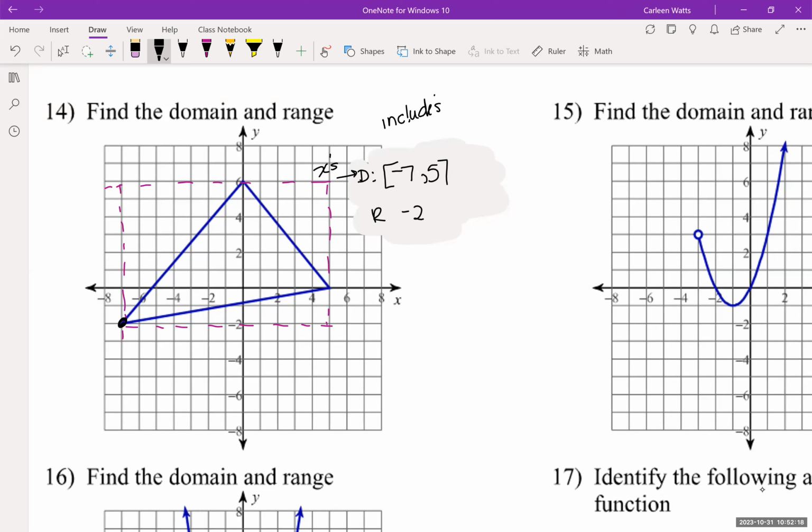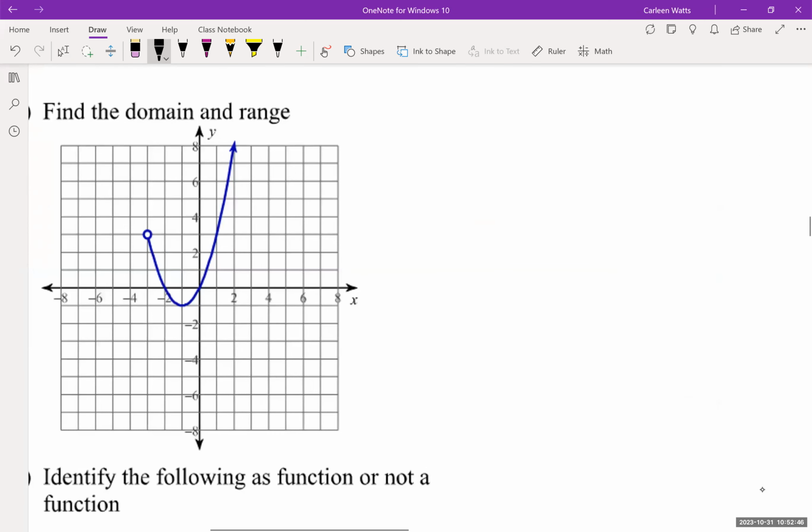Yeah, the lowest y value, and the greatest y value is 6. And we include the -2 and the 6, so this is a firm grip. You're like, wait, what if it's not included? We're going to talk about that on the next one. Okay. Number 15.